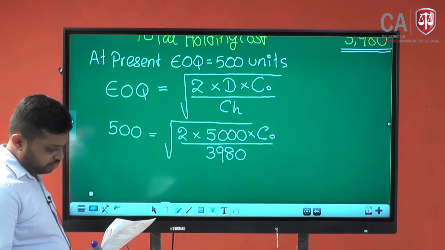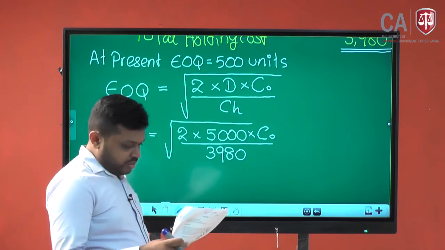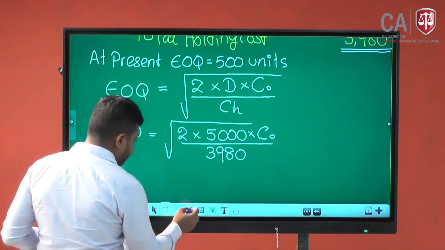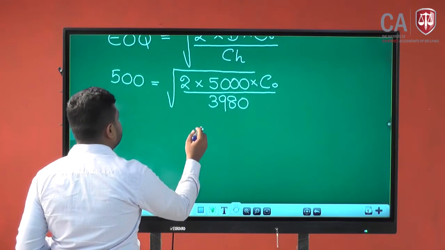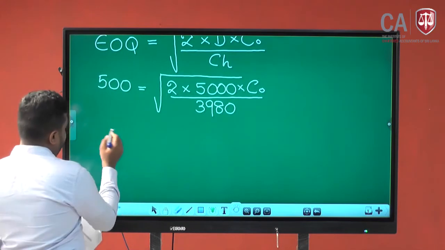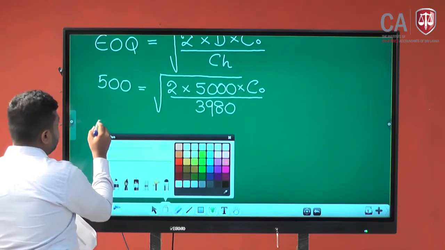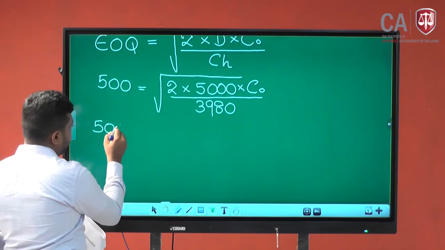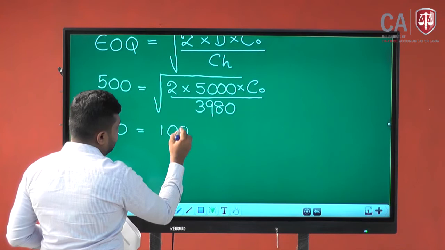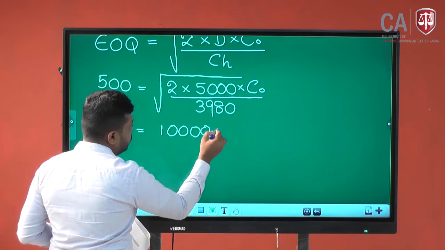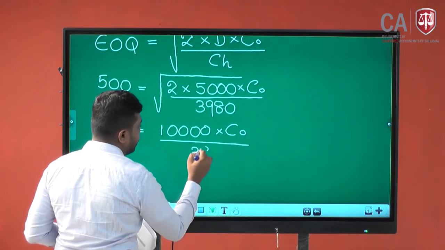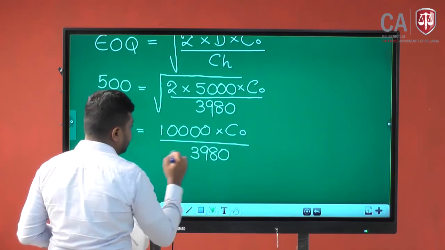Then we can further simplify this. 500 equals root of 2 into 5,000, that is 10,000, into cost of ordering divided by 3,980.